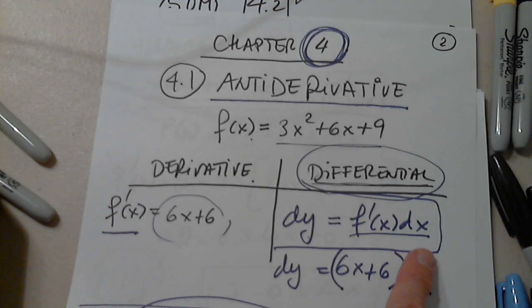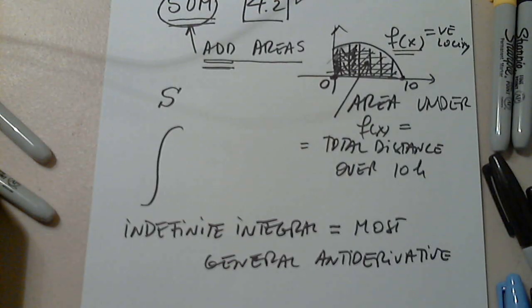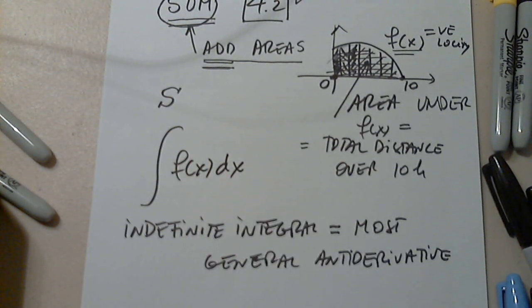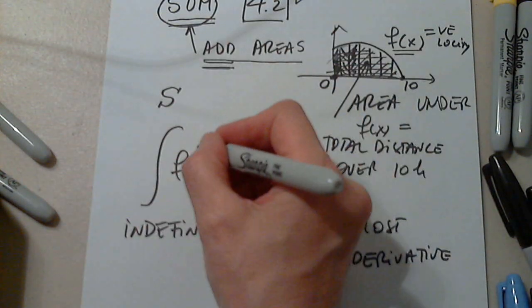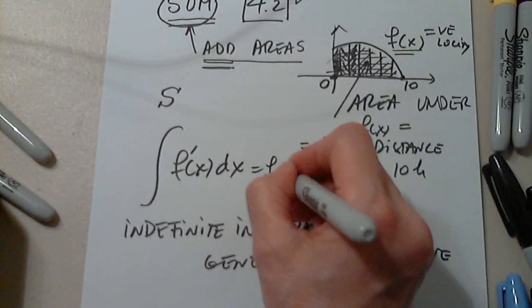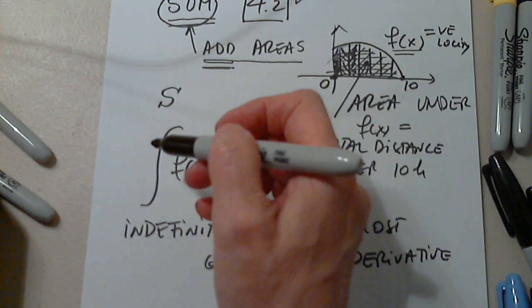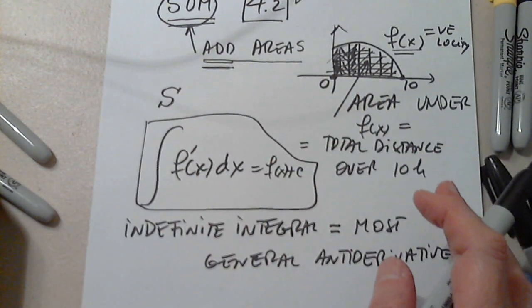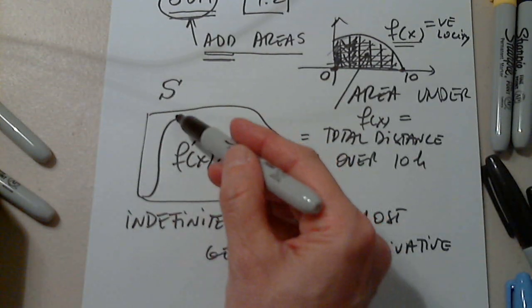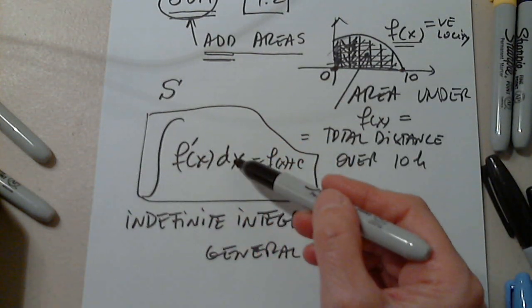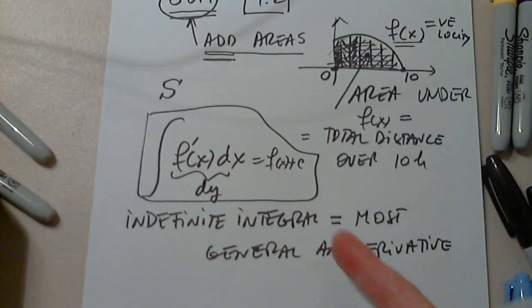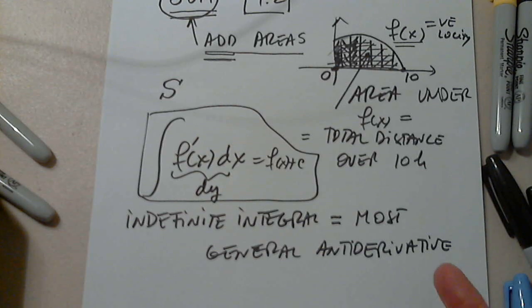So it's f of x dx. Okay, I can write f prime, and then the answer will be f of x plus c. But it can be anything. So the indefinite integral of f prime of x dx, which we know is dy, gives us f of x plus c, the most general antiderivative.